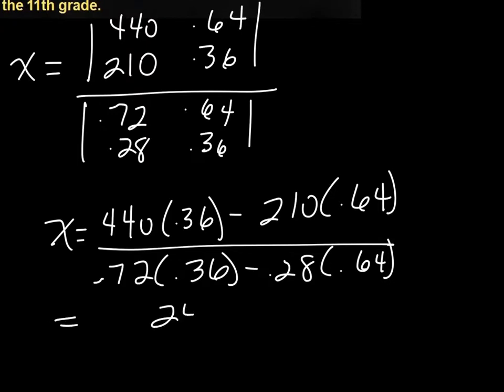The numerator, I got 24, and the denominator, I got 800ths. When I divide, I get 300.